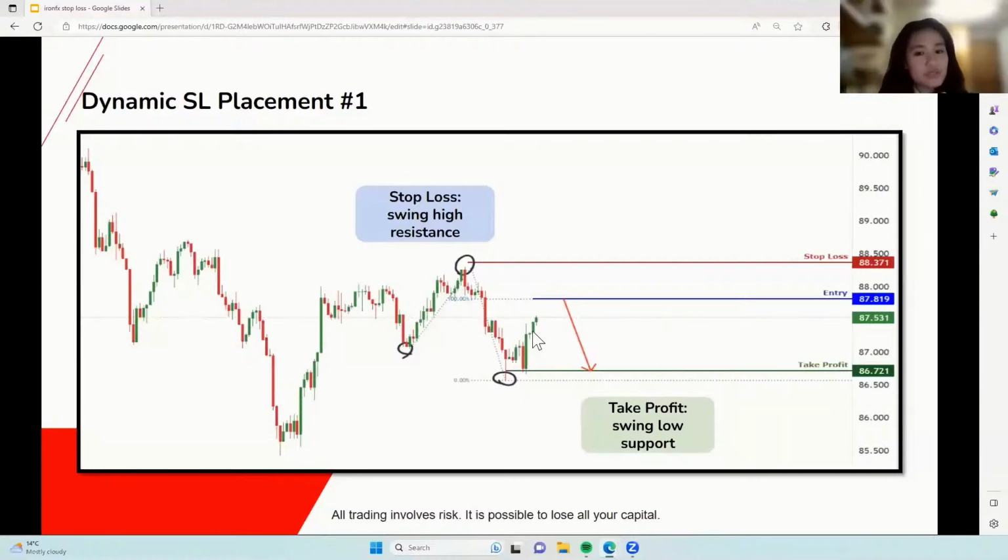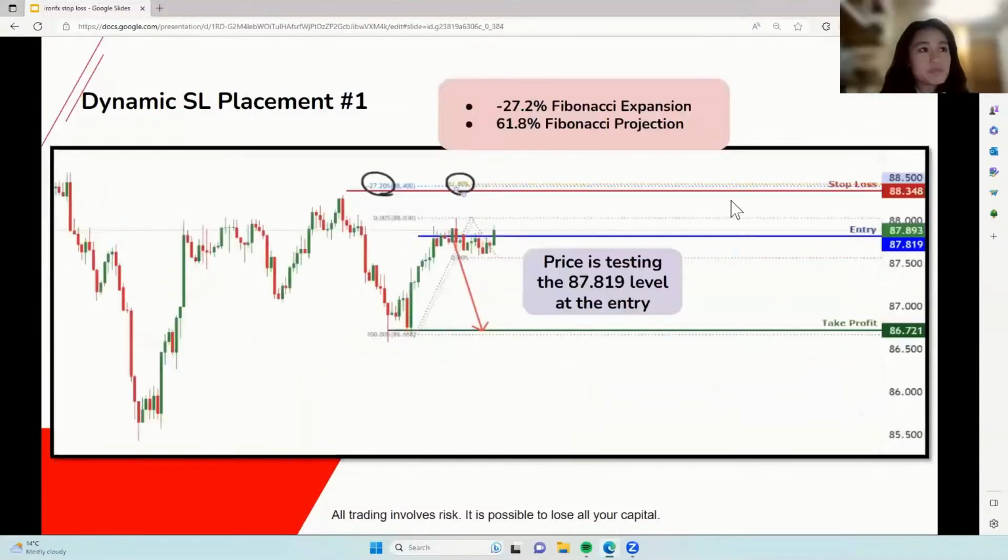We're expecting it to reverse off the entry at this 87.819, that's in line with this 100% Fibonacci projection level. Okay, and then our stop loss is placed at this swing high resistance here. So this is what happens. We're expecting it to reverse off. So it does test this level, this entry level.